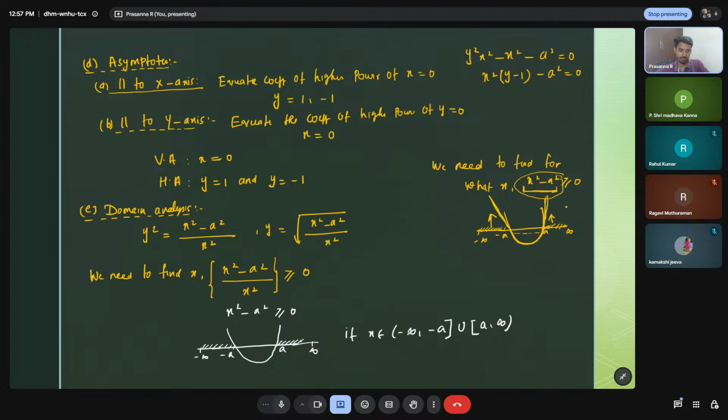Okay. So the third problem: trace the curve xy square is equal to 4a square into 2a minus x.